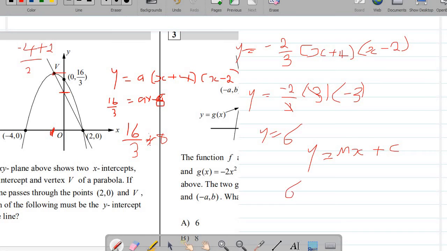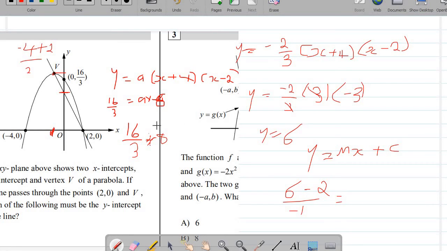We have 6 minus 2 there, over minus 1 and 0.